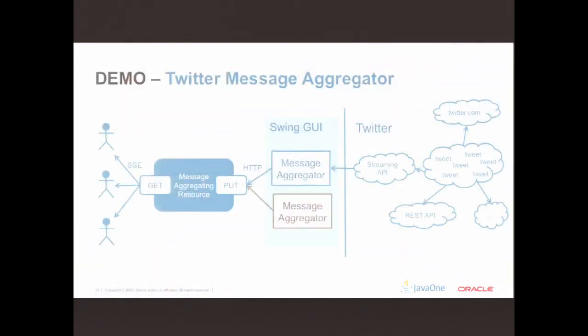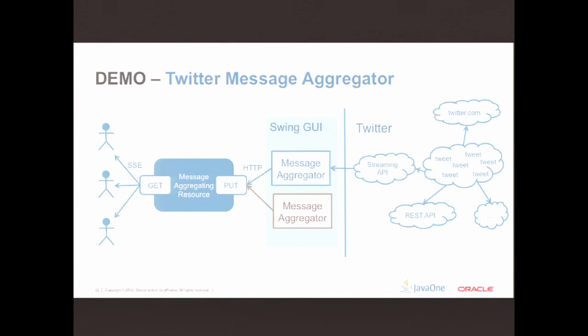So the demo is really using the Twitter streaming API, and there is something that I call Aggregator, which connects to Twitter and streams the JSON data. It extracts only some of the JSON data into a proprietary message object, and uses a client to put the data into the aggregating resource, where other clients can connect and stream all the messages from the resource via SSE.